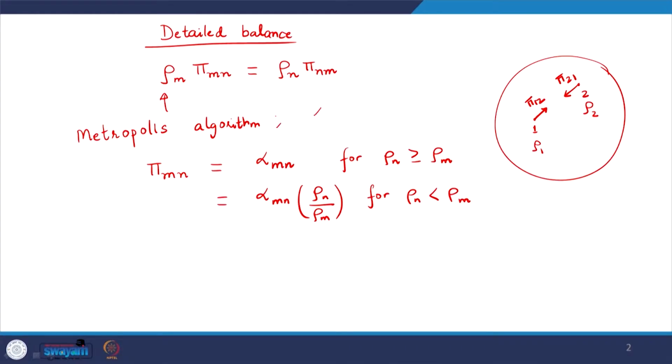By the way, Metropolis made one assumption here, and you will see how this is useful. He assumed that alpha is a symmetric matrix. That says alpha mn is equal to alpha nm.